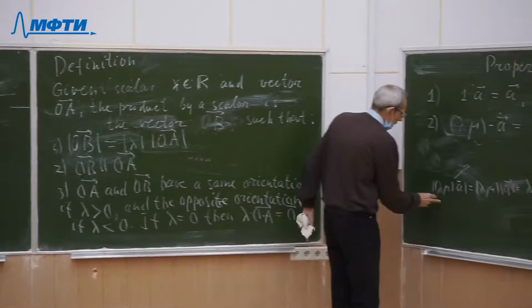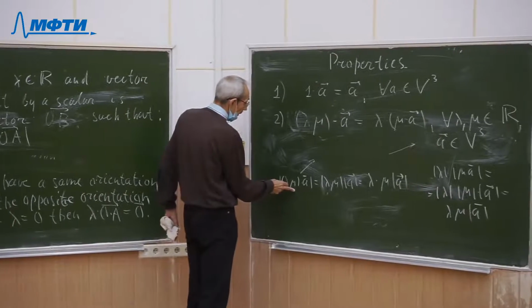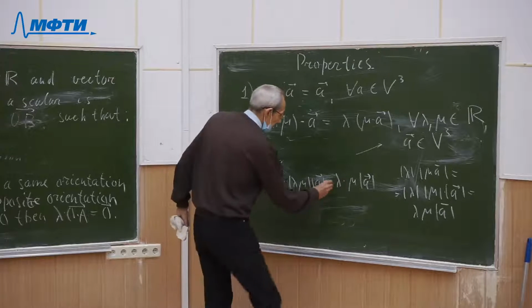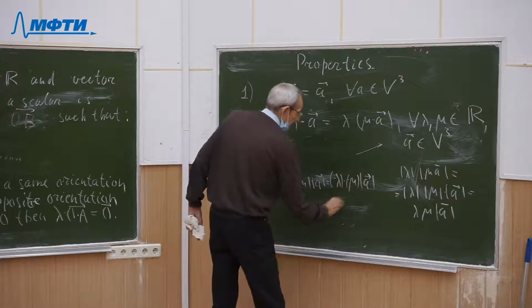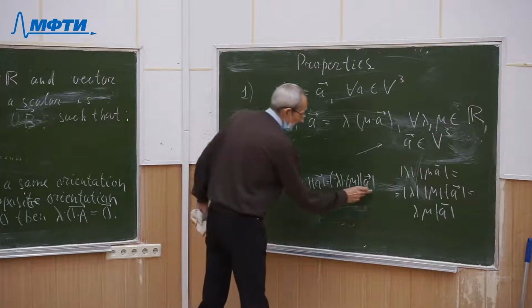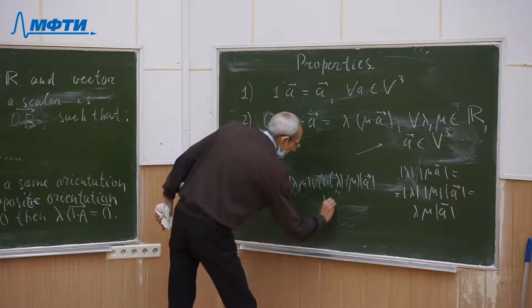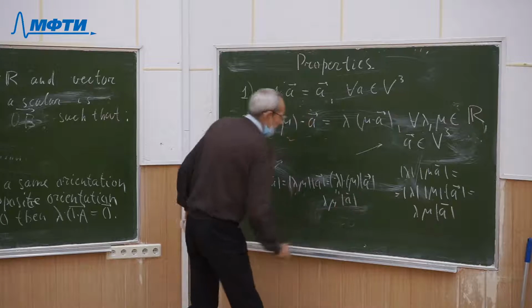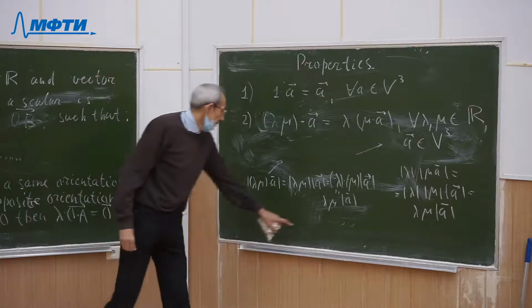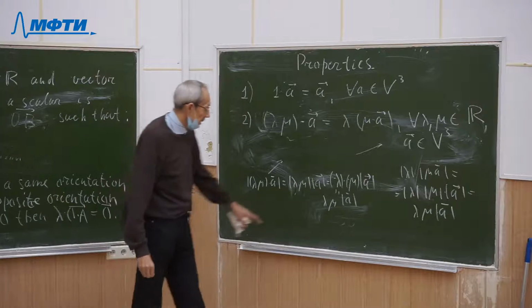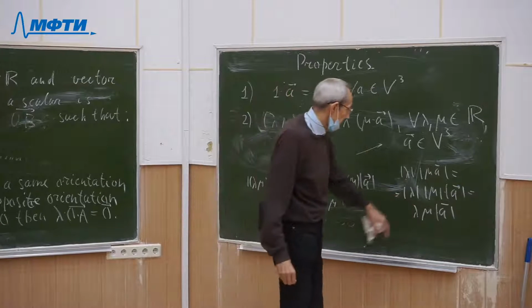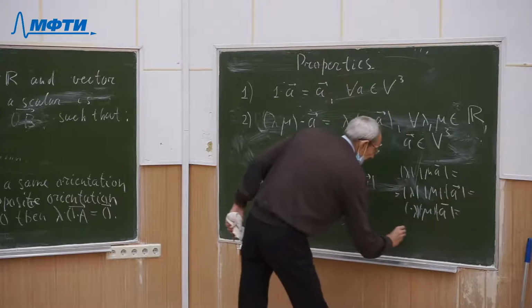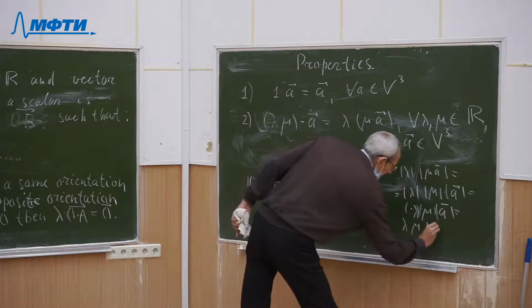If both lambda and mu are negative, in this case we change the sign, and in the left side we obtain the product of these numbers lambda mu, and in this case we also change signs and obtain the same result.